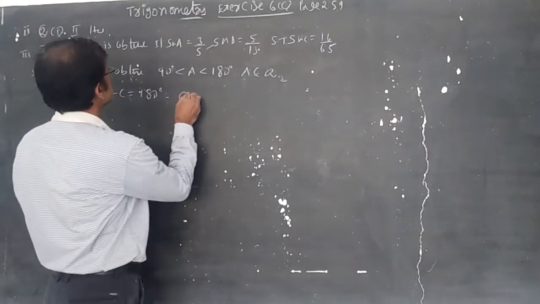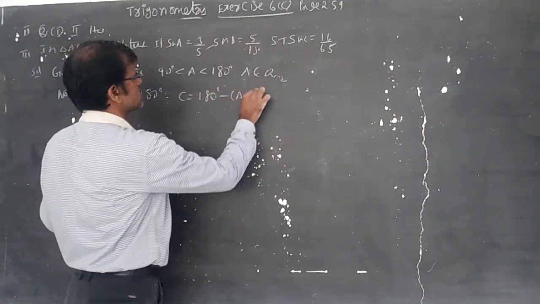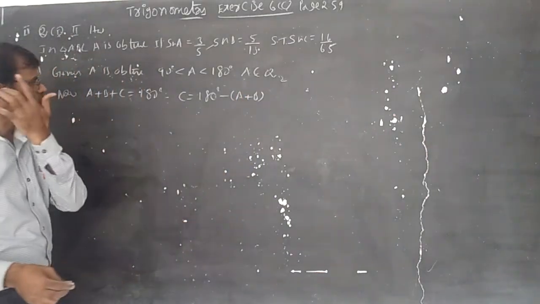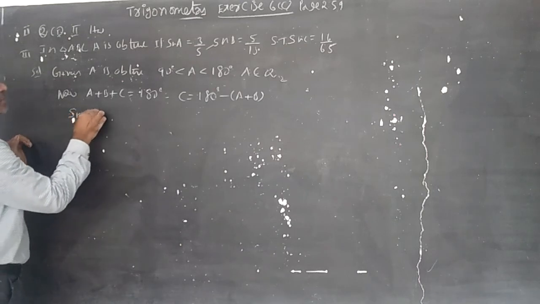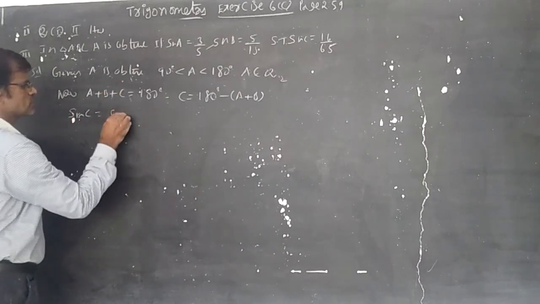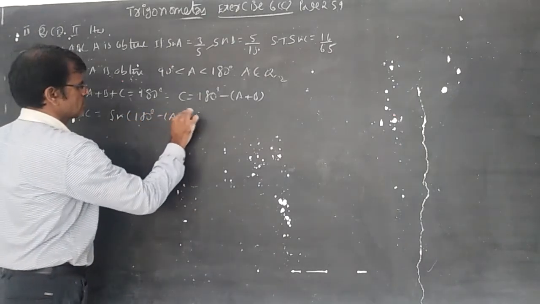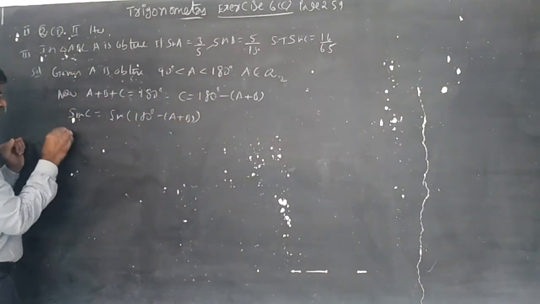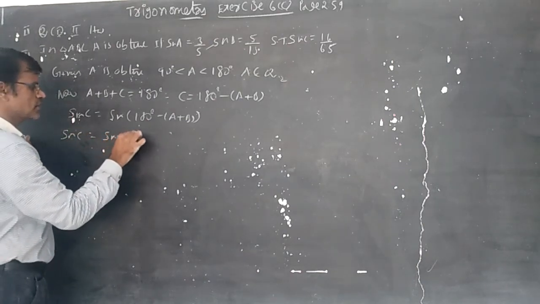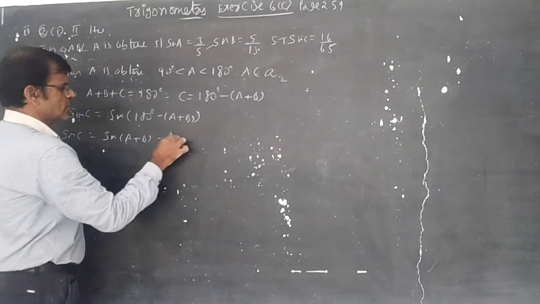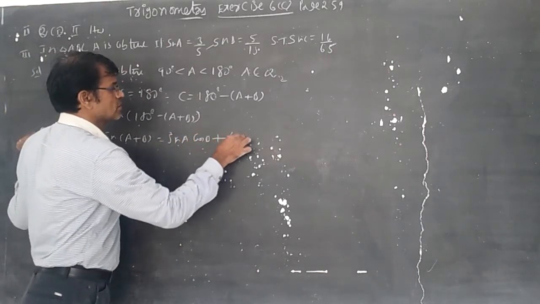So if you need C, C is equal to 180 minus of A plus B. Applying sin on both sides, sin C is equal to sin of 180 minus of A plus B. Sin 180 minus theta is sin theta, so sin of A plus B. Write the formula: sin A cos B plus cos A sin B.